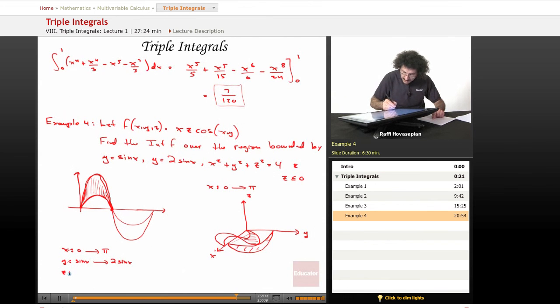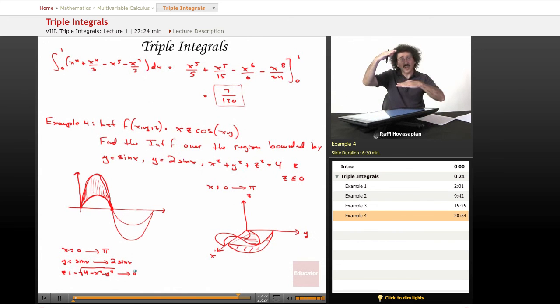And z is going from minus the radical of 4 minus x squared minus y squared up to 0. The lower limit of integration is the actual sphere itself, and it's going up to 0 because it's below the xy plane.